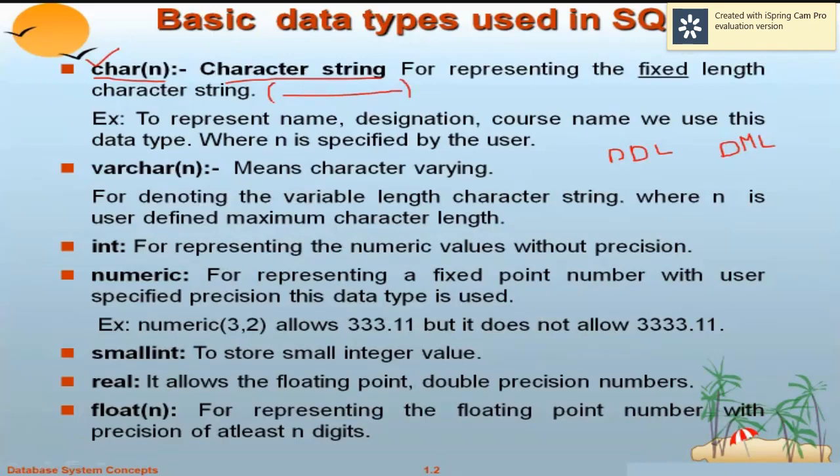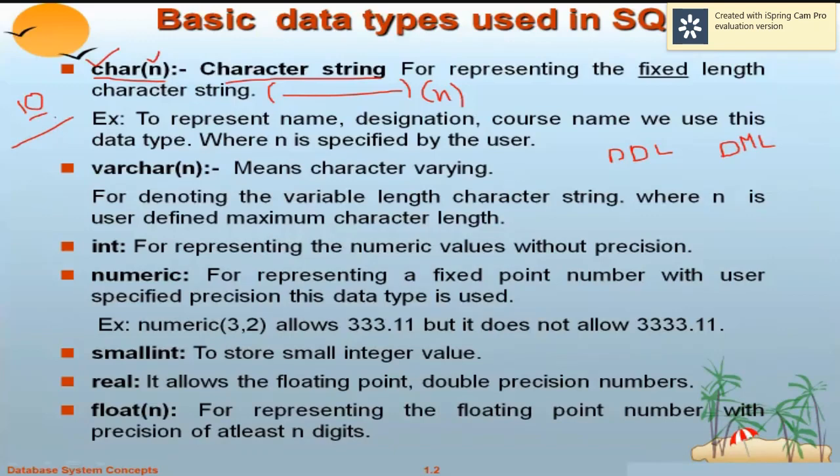But the difference is when the character string length is fixed. When the length is fixed, you can see here n in brackets. What is this n about? This n is going to fix the length of the character string. For example, if I want the data entered over here to be of length 10, then whatever name or designation I enter, the length should be exactly 10.